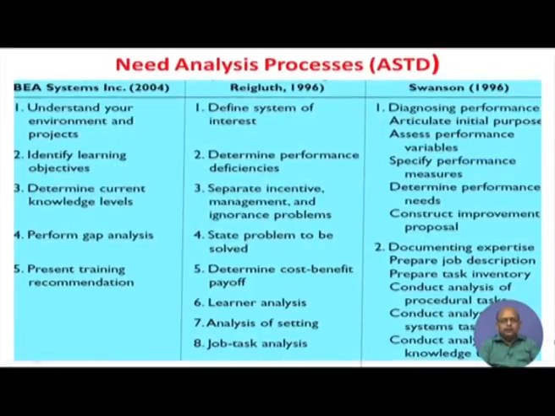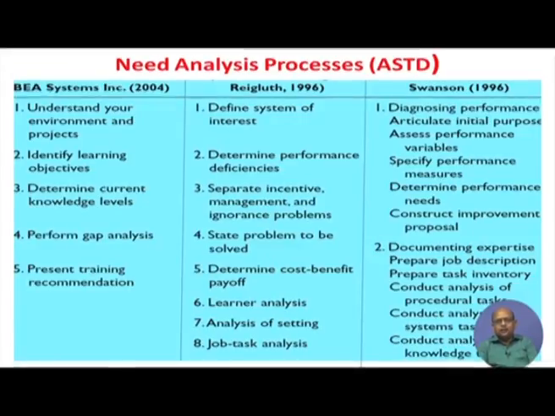Moving further, these are the different processes adopted by the American Society for Training and Development, which is more or less the same as what I have talked about. Now, if you look at these 3 systems, they more or less talk about similar things. You have to look at the environment, the training project, look at your objectives, look at the current knowledge levels to find out the gap, and then you recommend training.